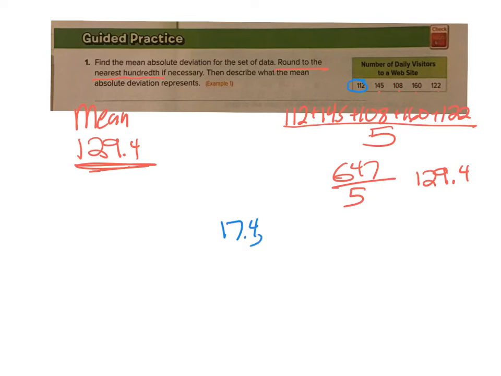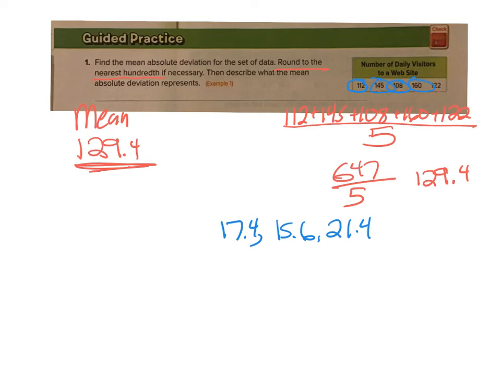Always positive because we're looking for the absolute value. 145 minus 129.4 equals 15.6. That's 145. Now we have 108. 108 minus 129.4. That gets me 21.4.